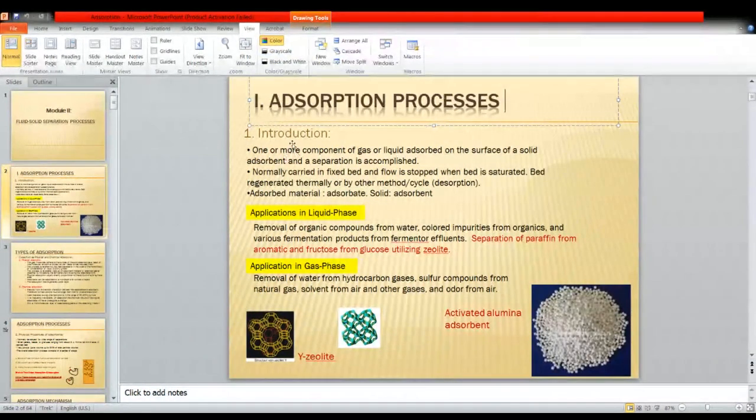Okay. So what is adsorption? One or more components of gas or liquid adsorb on the surface of a solid adsorbent and separation is accomplished. So this is the definition, okay? So when you are separating liquid or gas by adsorbing it, like you are separating phenol from water.